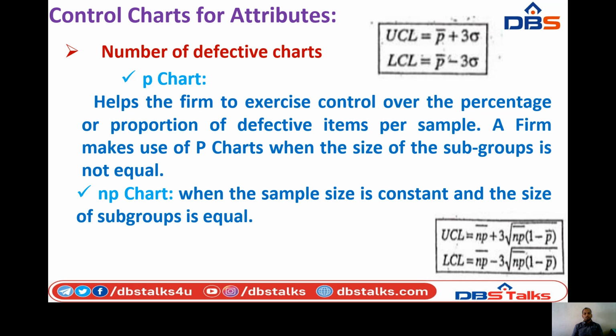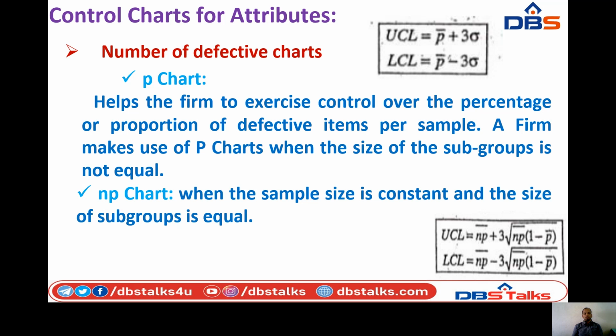So the P chart is one type of attribute control chart which helps the firm to exercise control over the percentage or proportion, that is, how much portion is defective or non-defective.